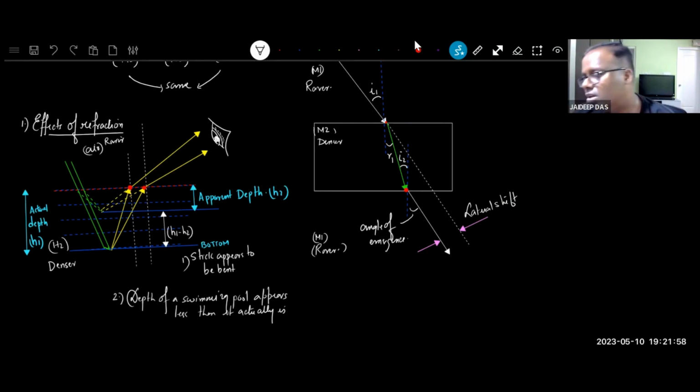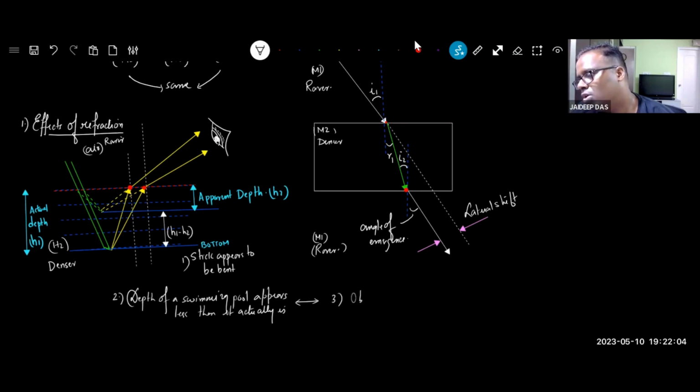And in the same sense, this is analogous to if you drop a coin on the floor of the swimming pool. So you'll say an object inside a pool appears to be raised. An object under water appears to be raised. This is also the same takeaway from the same diagram.